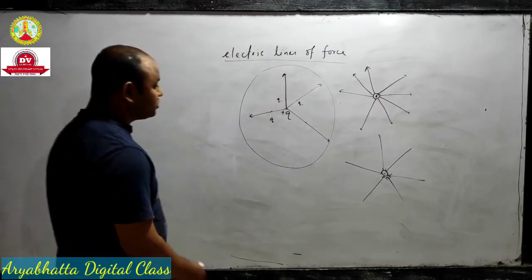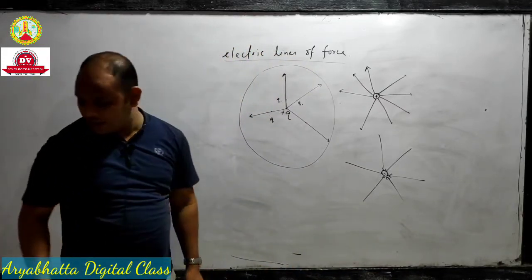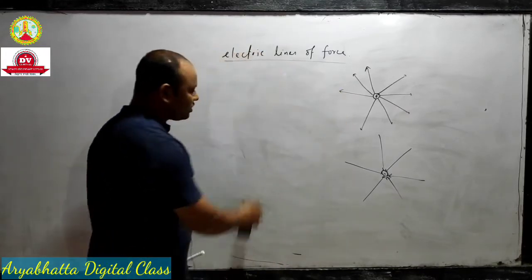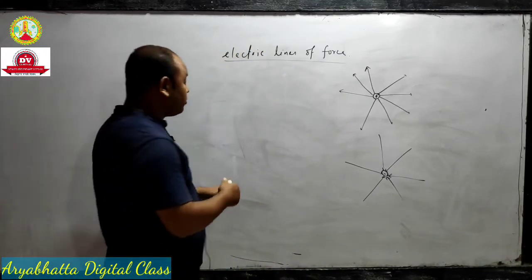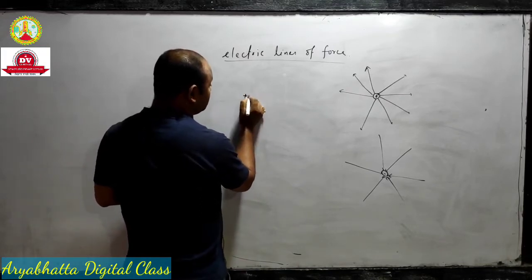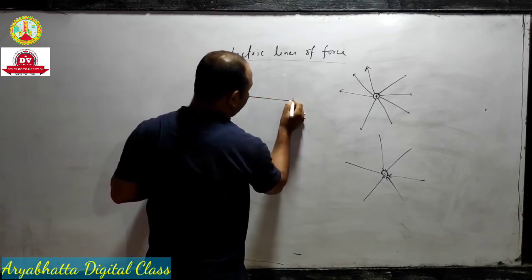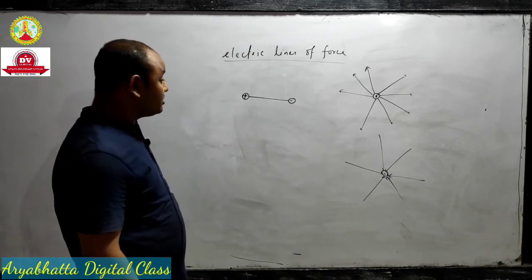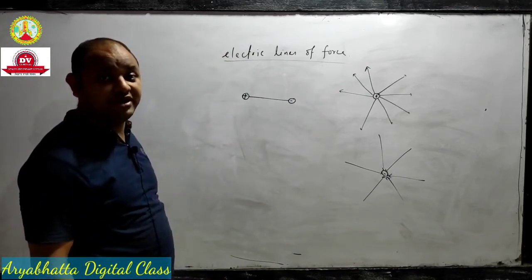Okay, if you consider an electric dipole, अगर एक electric dipole लोगे तो वो क्या होगा? Suppose we consider an electric dipole, suppose this is the positive charge and this is our negative charge. The electric field lines are starting from positive charge and finished at negative charge.